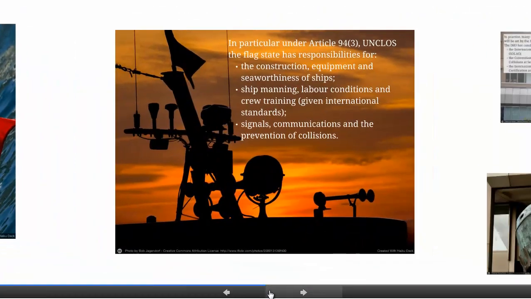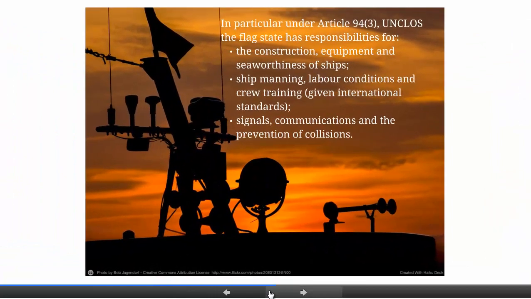Now, the responsibilities of the flag state in particular include responsibility for the construction, equipment and seaworthiness of ships, and that those comply with certain international minimum standards, with ship manning, labour conditions and crew training, again in light of international standards, and the flag state has exclusive responsibility as regards questions of signals, communication and the prevention of collisions.